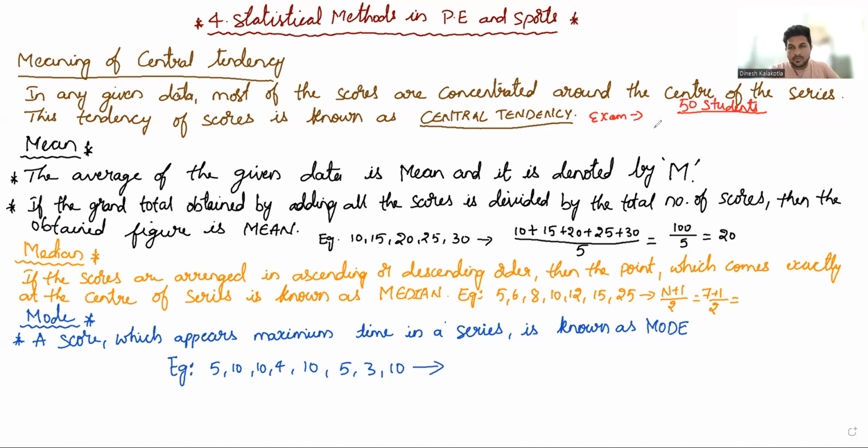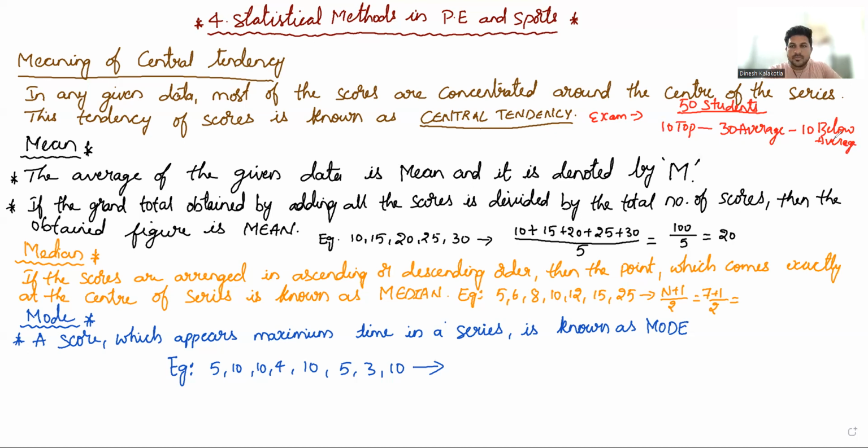So if you divide the 50 students, around 10 students will top the exam, whereas 30 students are average, and 10 students are below average or they fail.